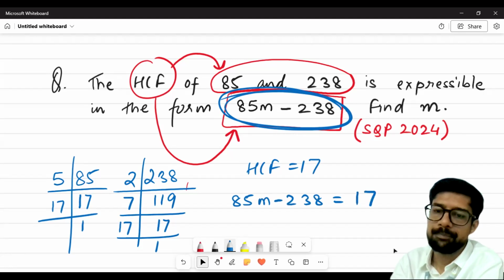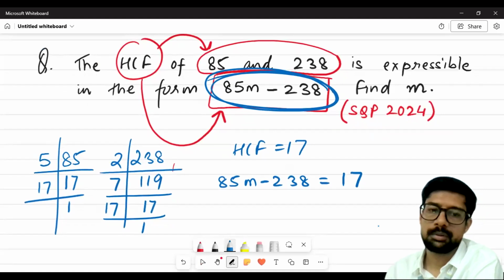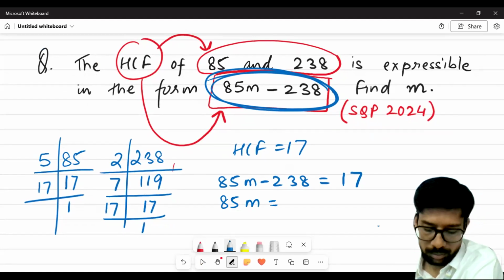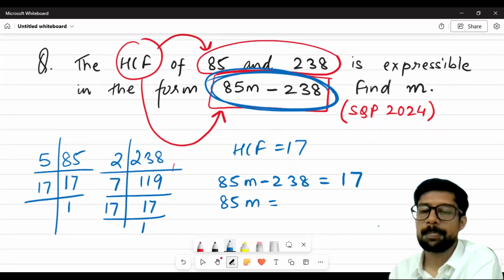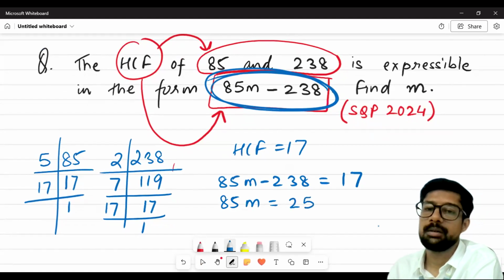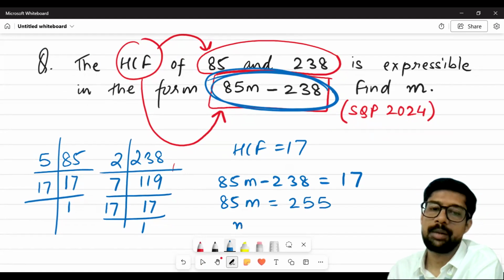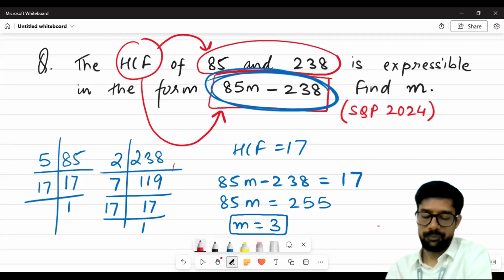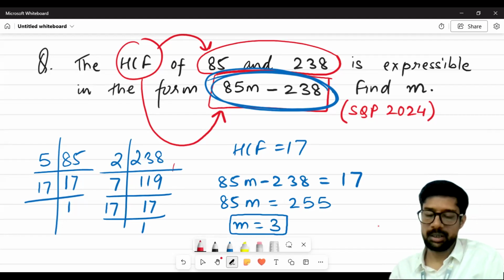Let's find m. 85m is equal to how much? This is how much coming up? 255. So m comes out to be 3. Another interesting range, a new range that we have included to find the HCF and equate with the given expression.